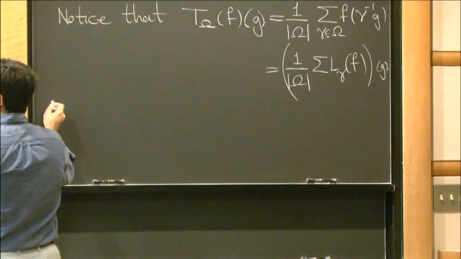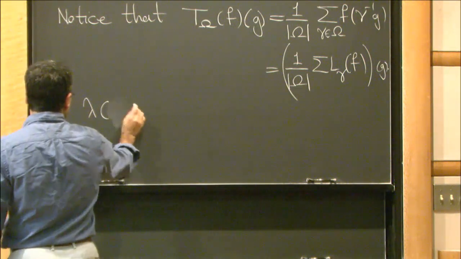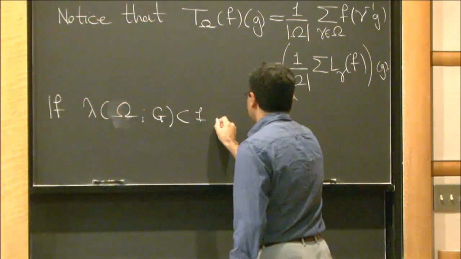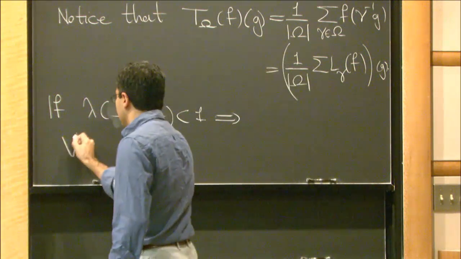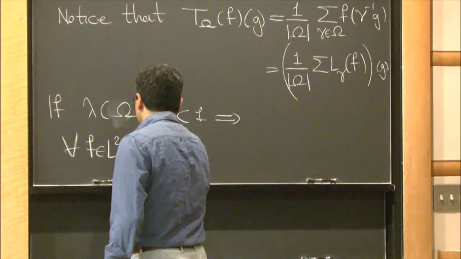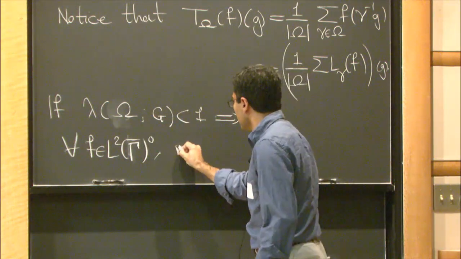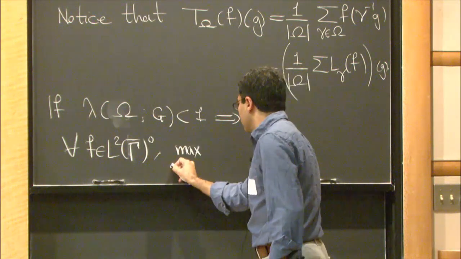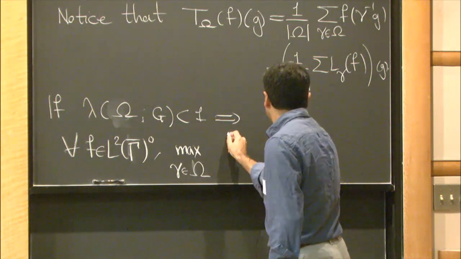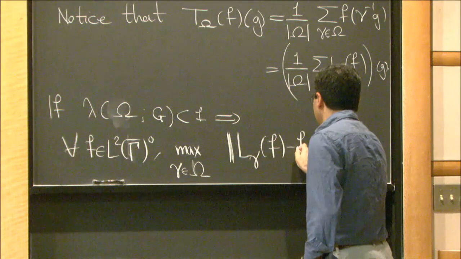So then, if lambda omega g is strictly less than 1, then for every f inside L2 of gamma bar orthogonal to the constant function, at least one of the guys inside this omega moves f away from itself.